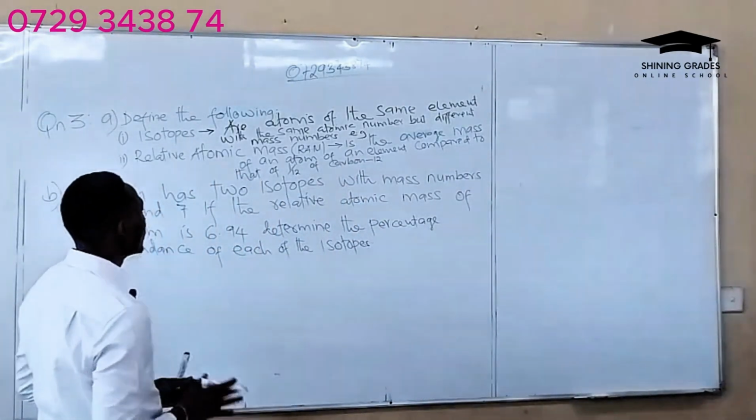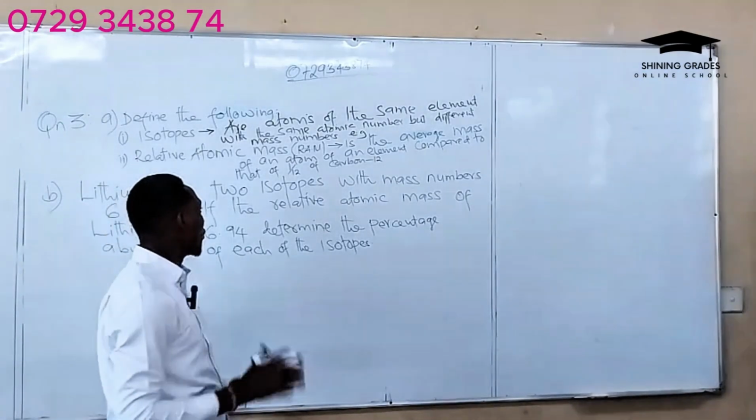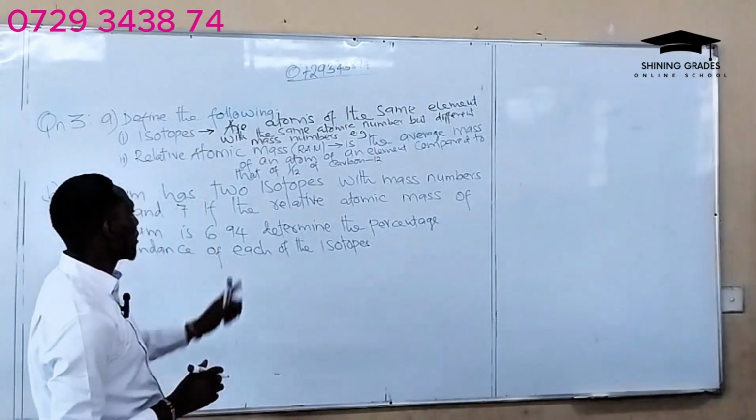So this is the average mass of an atom of an element compared to that of a 12 of carbon 12.